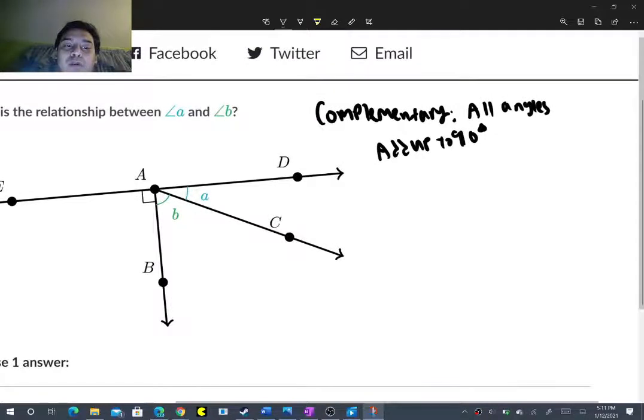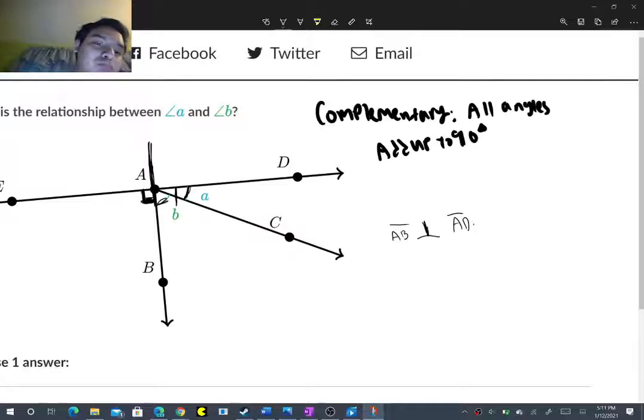Now, here we have a 90-degree angle, okay? These two, we have angle A and angle B. Because line segment AB is perpendicular to line segment AD, they form a 90-degree angle.